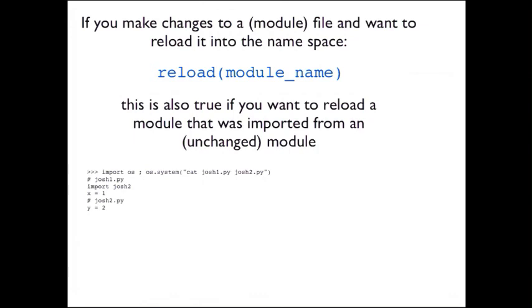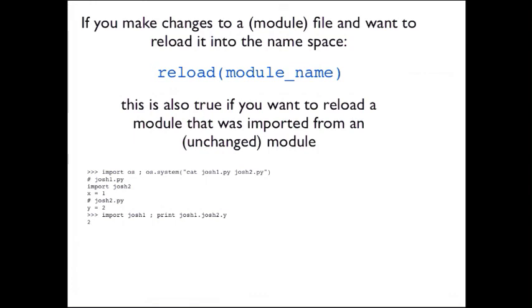So you see they're kind of referring to each other in different files, which is nice because you don't have to write one sort of mega Python script. Let me import josh1. So what is josh1 going to do when I import it? First, it imports josh2, right? So now I've got josh2 in the namespace of josh1. And I've also set x equal to 1. So what's josh1.josh2.y?